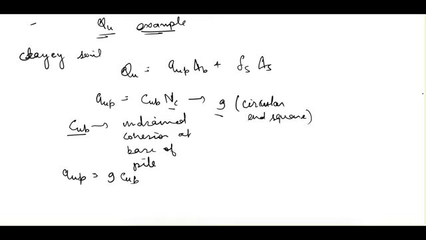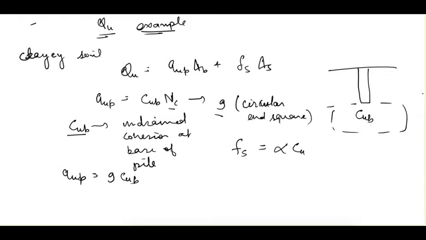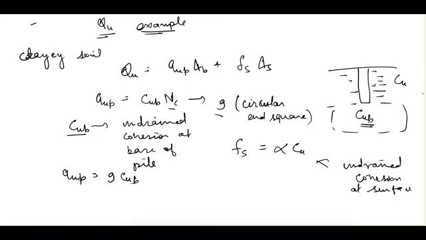Now for this part, that is skin friction, Fs is equal to alpha into Cu. Now what is this alpha and Cu here? So if this is the lower part of the foundation or the soil below the foundation, Cub is the undrained cohesion in this part, and Cu is the undrained cohesion in this part, that is around the surface. So Cu is undrained cohesion at surface, and this alpha is known as adhesion factor.